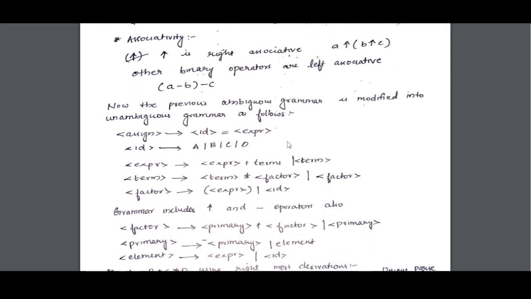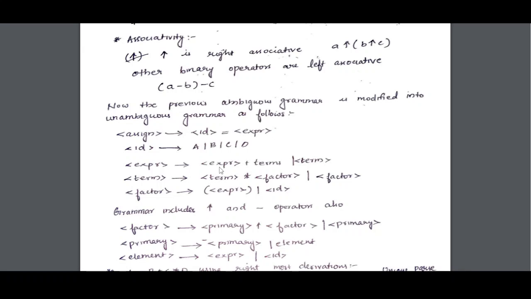Now, considering the ambiguity rules, we'll be checking our grammar again. So here we have the same grammar, except that we have changed some part of it. So here we have the starting rule, which is assign implies id is equal to expression, and we have id implies a or b or c or d, and here we have got some changes.